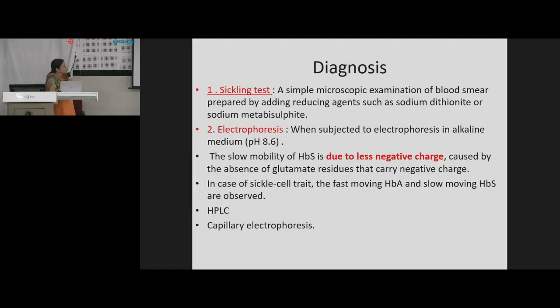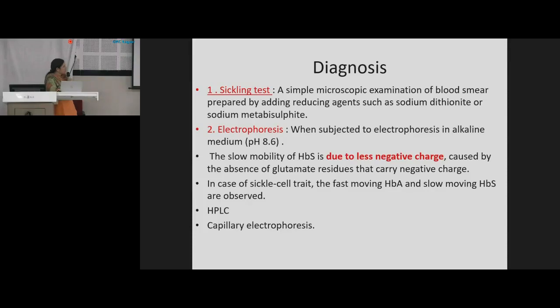When subjected to electrophoresis in alkaline medium, hemoglobin S has less negative charge, because there is absence of glutamate, which carries a negative charge. So it will move slower as compared to the adult hemoglobin.